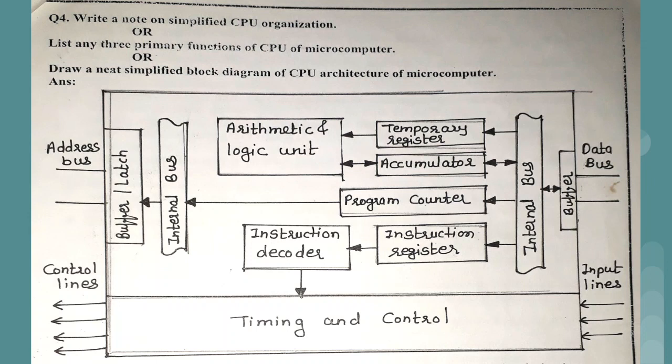Whatever memory location is in the program counter, and whatever instruction is stored at that memory location, we will execute that. So basically the program counter tells us which instruction is to be executed next. That location, the address of that particular instruction, is stored inside the program counter.